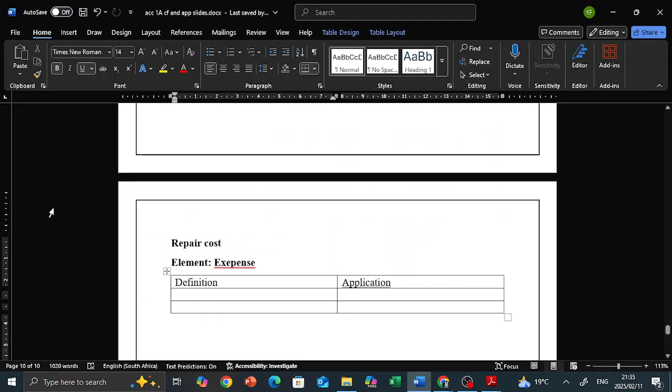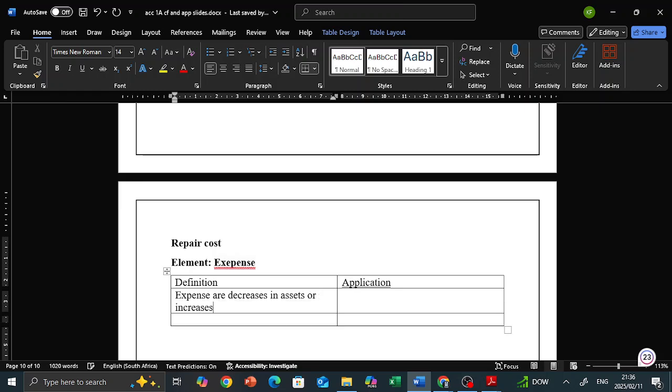So, definition of the element: expenses. Expenses are decreases in assets or increases in liabilities, right?